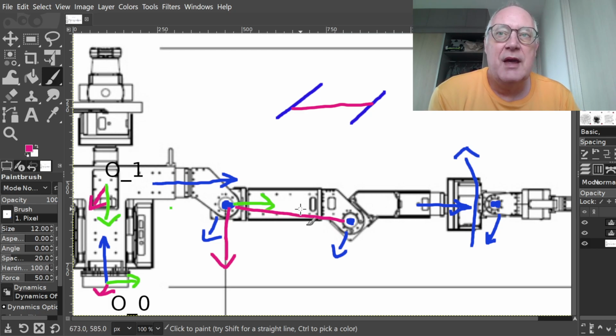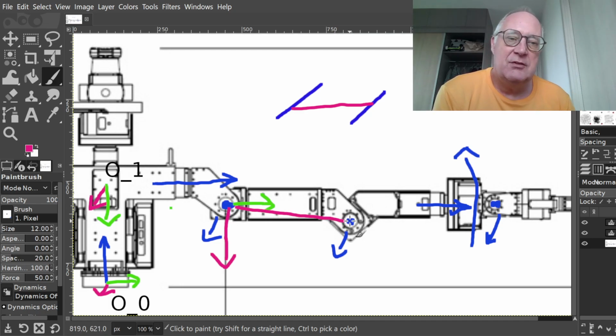And I need to do that with one single translation. So I need to actually calculate the distance here using the hypotenuse, if I get the coordinates of this joint and this joint.